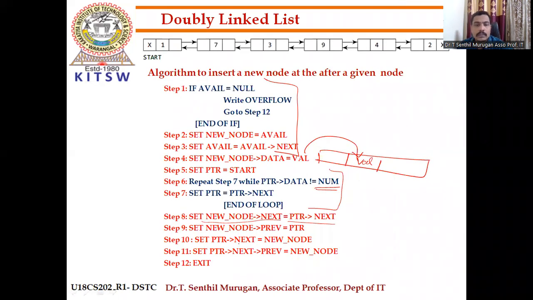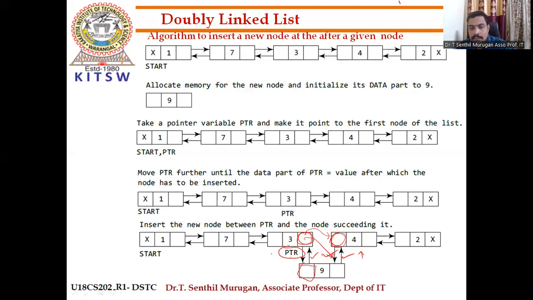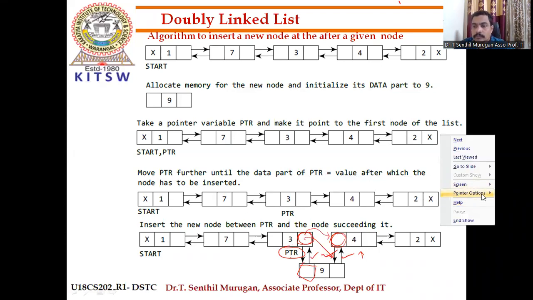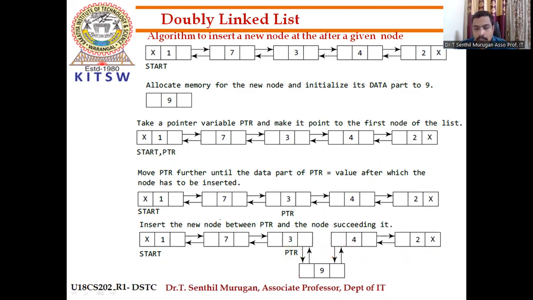What we did: new node of previous is PTR, because that is the current location it is pointing to. PTR of next means the next portion of the current position node, that is the new node. Last, PTR of next of previous node. PTR is already pointing here, so this portion is PTR next, pointing to this node.